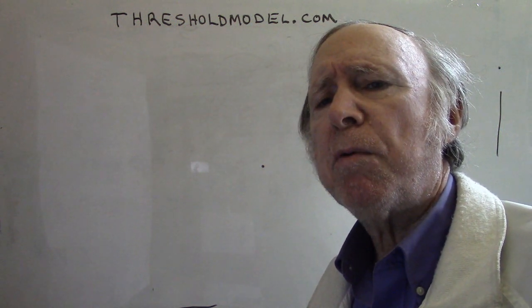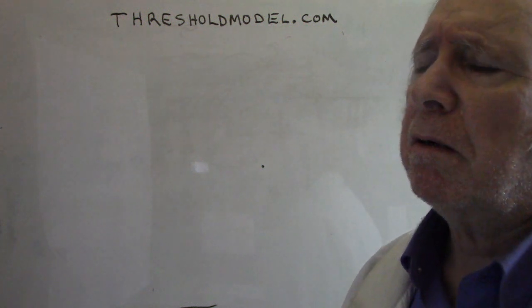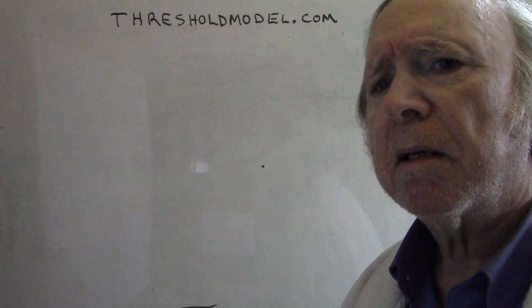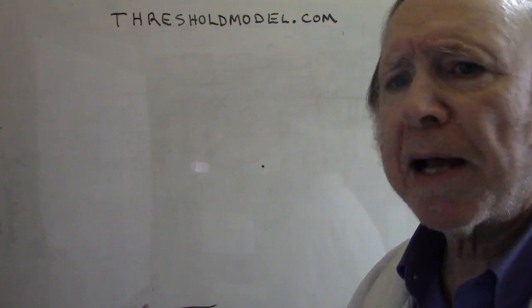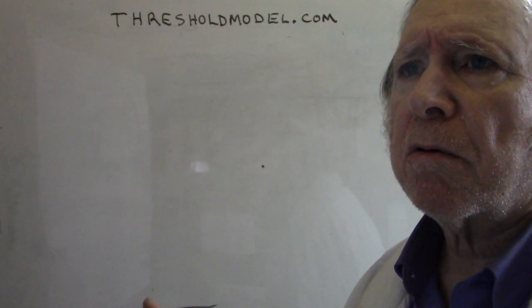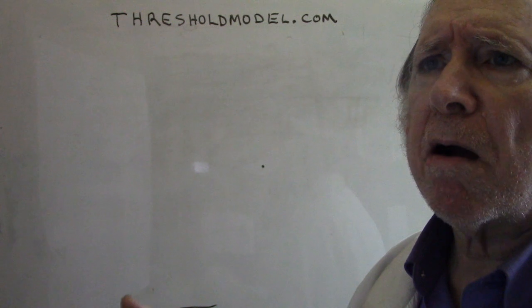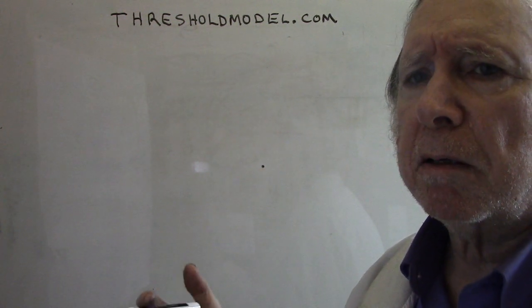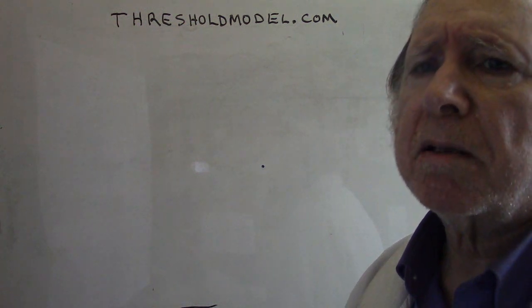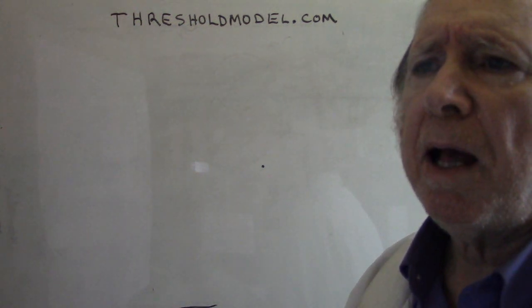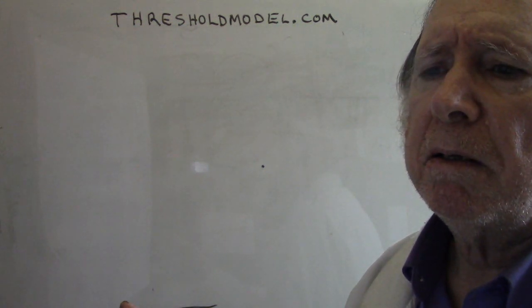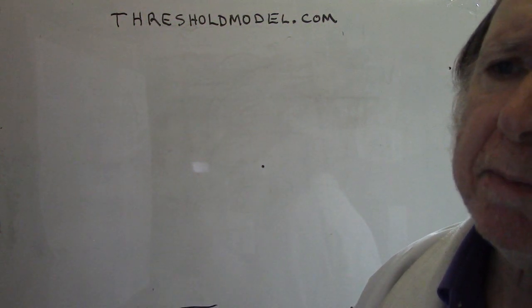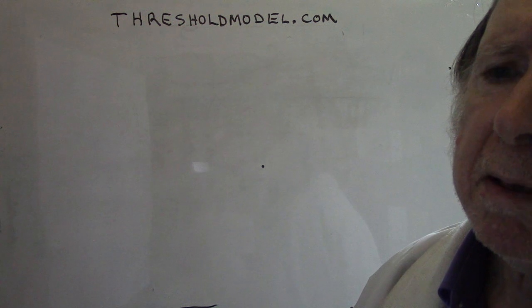So it was really a simple matter for Einstein to say, oh, well, that proportional constant is Planck's constant. So I really give credit to Lenard for the photoelectric effect. Almost the same equation as what Einstein did. So back to our timeline.